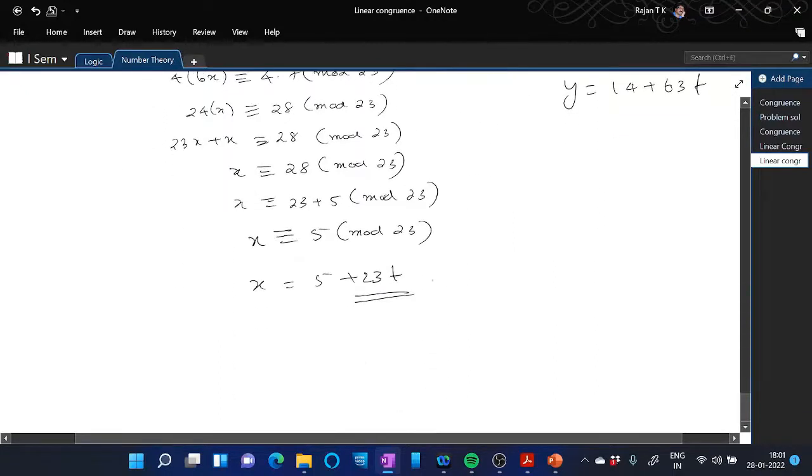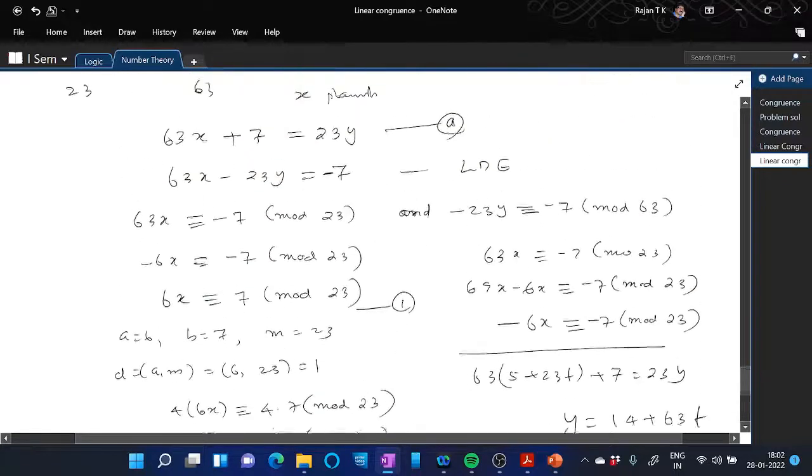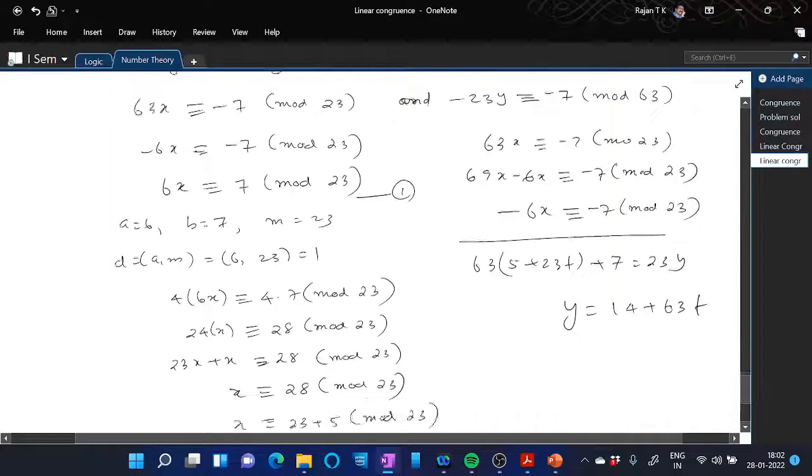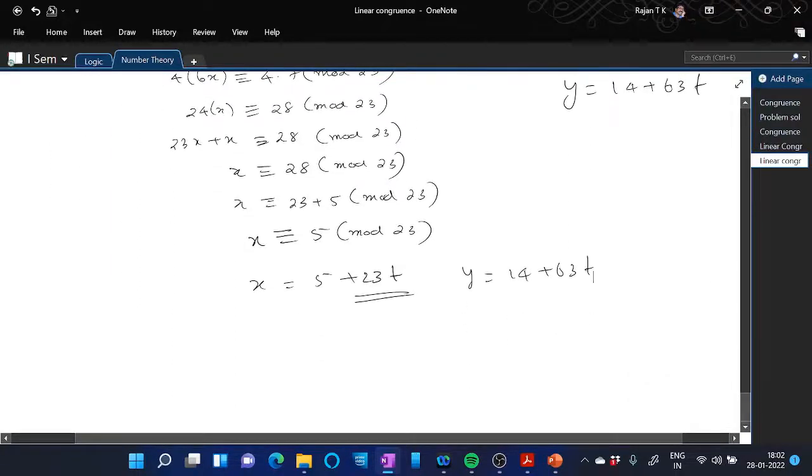Hence the solutions to Mahavira's puzzle are x equal to 5 plus 23t, y equal to 14 plus 63t, where t is any arbitrary integer.